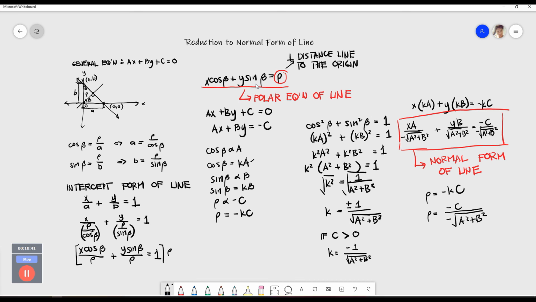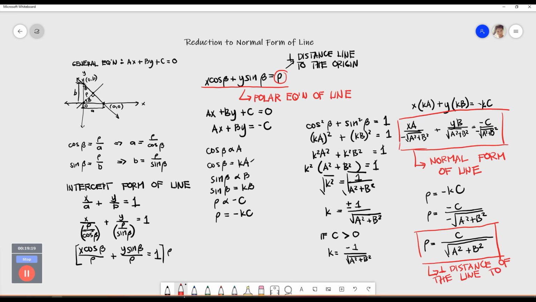That is c over the square root of a squared plus b squared. This is the formula for the perpendicular distance of the line to the origin, which is 0, 0.